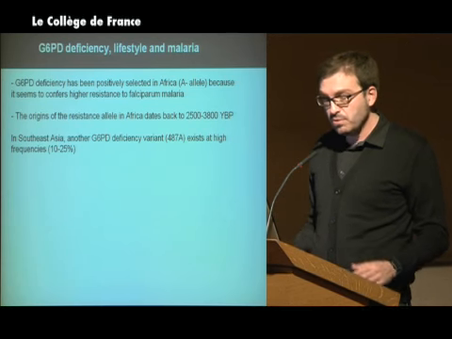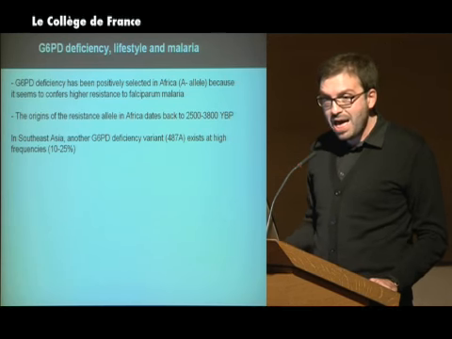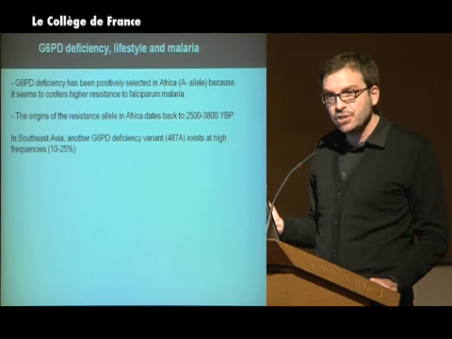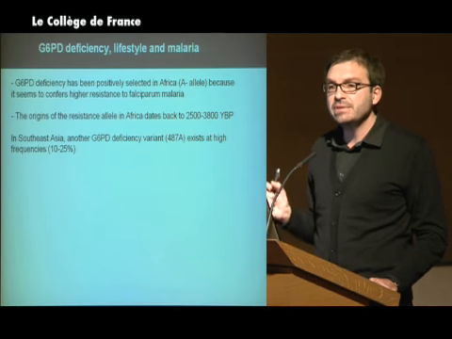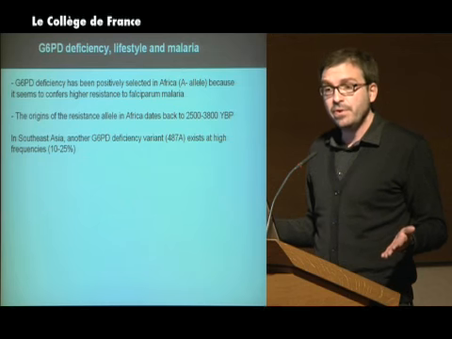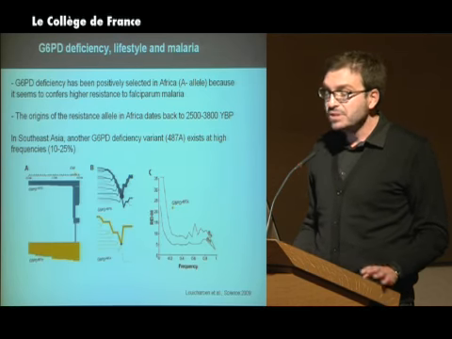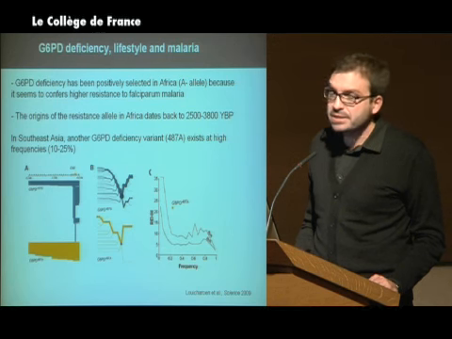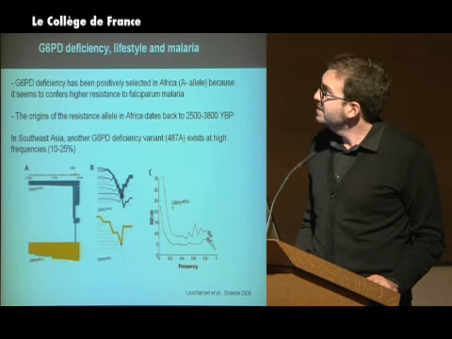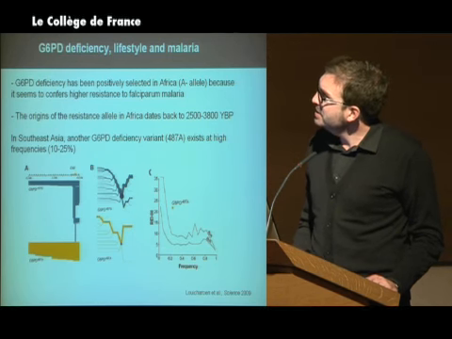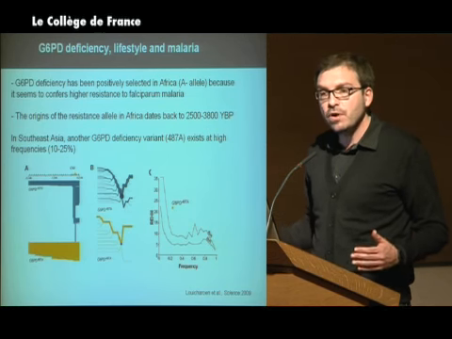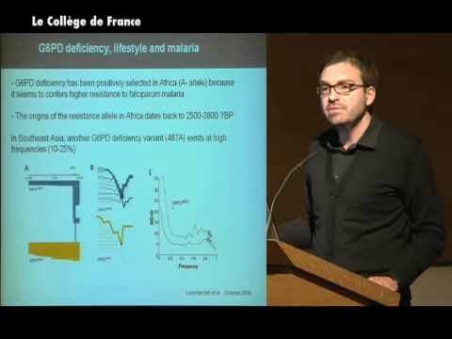So the first question we wanted to address was how being G6PD deficient in Southeast Asia has conferred a selective advantage. First, has it conferred a selective advantage? So the answer is yes. I spare you all the technical details, but what we could show is that being G6PD deficient in Southeast Asia has involved a huge selective advantage.